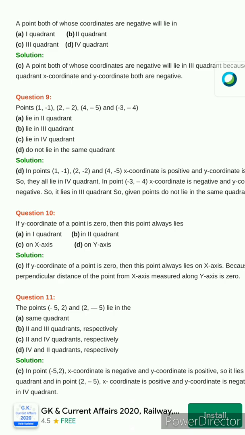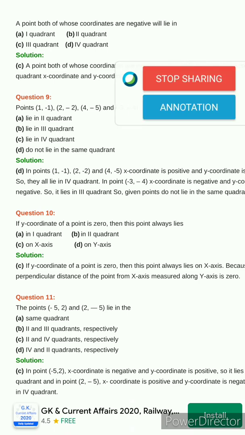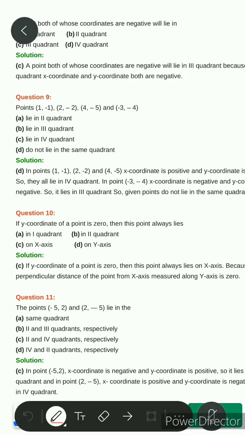Question number 8. A point both of whose coordinates are negative will lie on, correct answer is C, third quadrant. Question number 9. Points 1, negative 1, 2, negative 2, 4, negative 5 and negative 3, negative 4 lie in which quadrant?